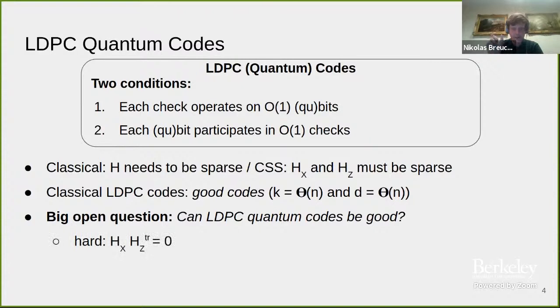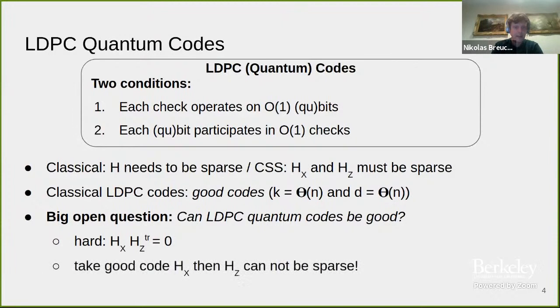It turns out that the single condition that our checks have to commute makes this question quite hard. So the intuition here is that, let's say we take, for HX, the parity check matrix of a good classical code.